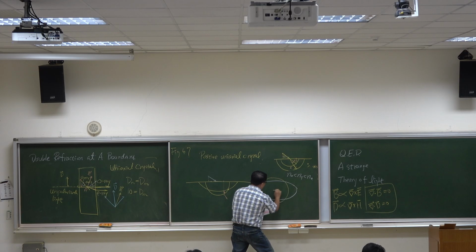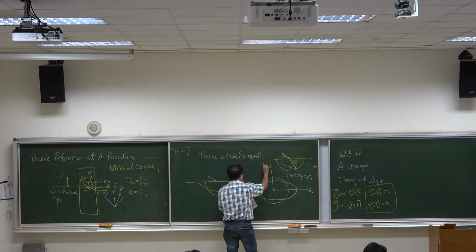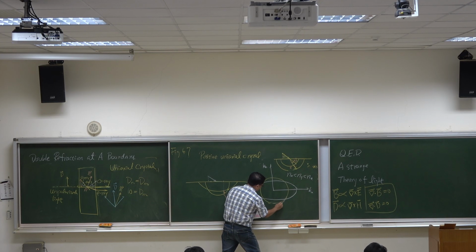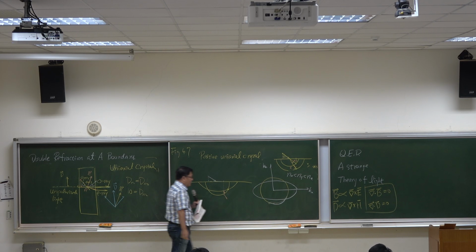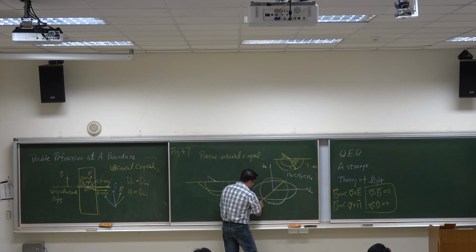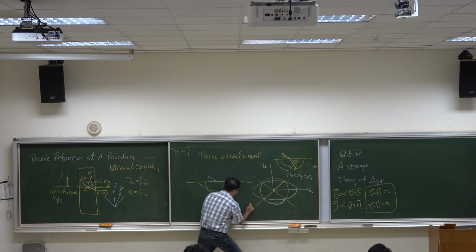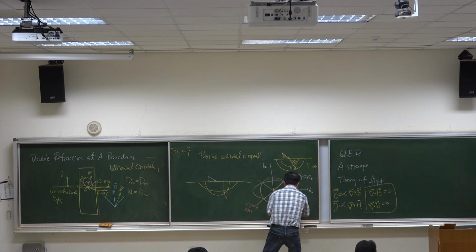Then in the kx-kz plane, we get the intersection of the normal surface with the coordinate plane to be one circle and one ellipse. And we know that if we connect this point with this point, connect this point with this point, we have two optic axes. For biaxial crystal, we have two optic axes.